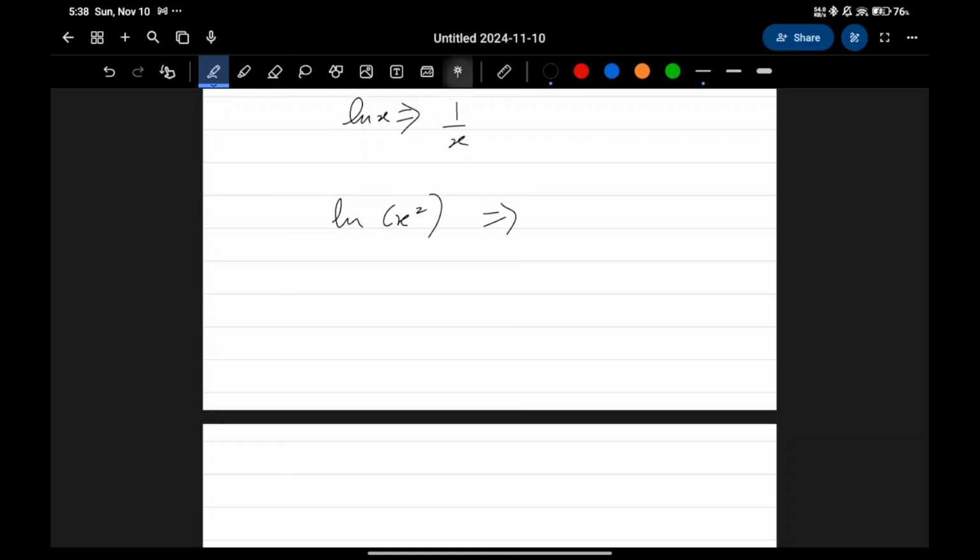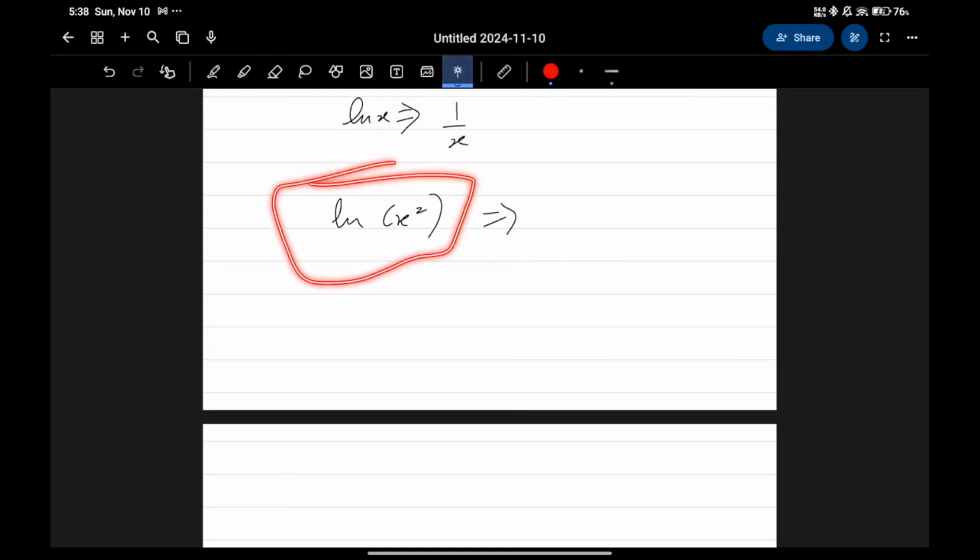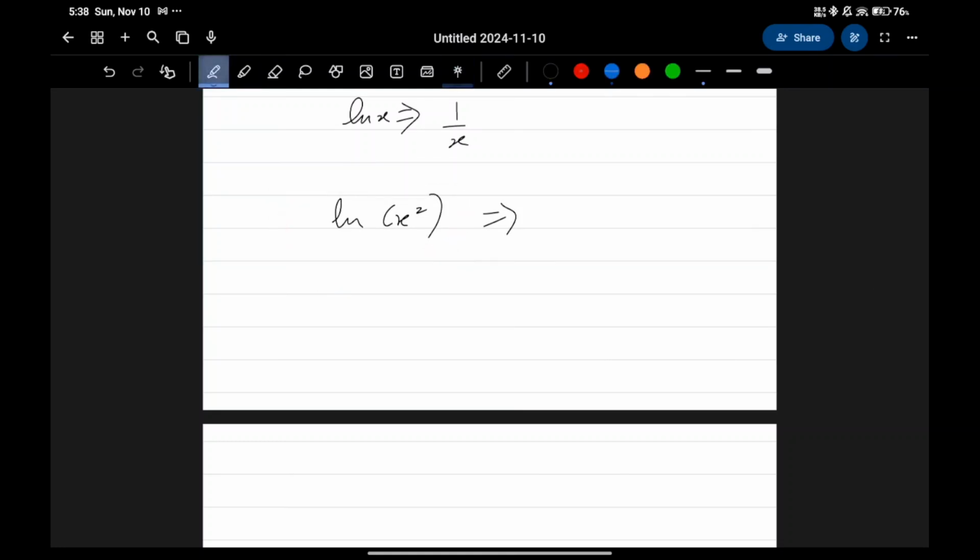So this is just some log function, right? The differentiation of log is 1 over something that was inside, times what was actually inside. It was x squared, so 2x. This is how it actually works. And we are just going to simplify it to 1 over x.